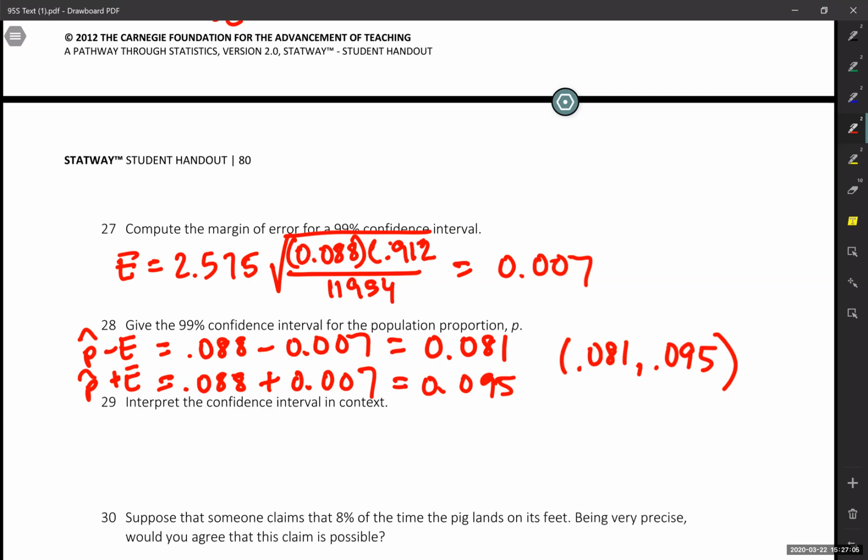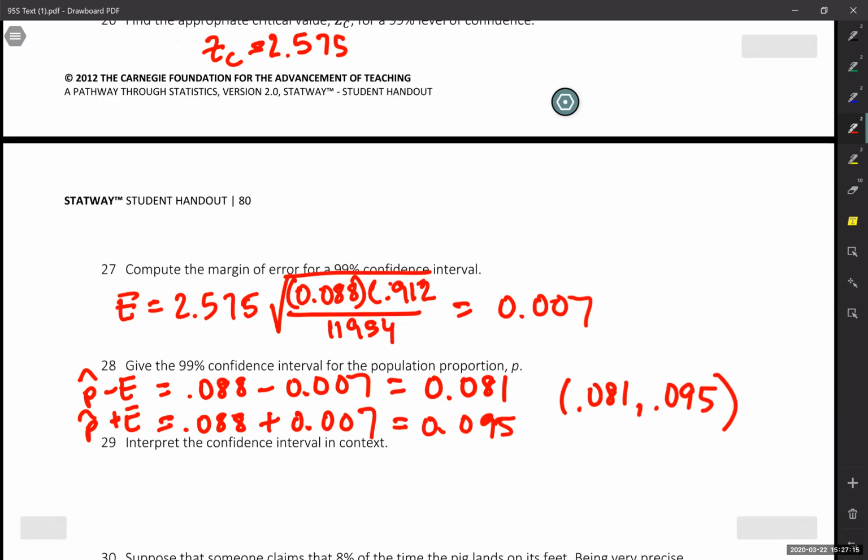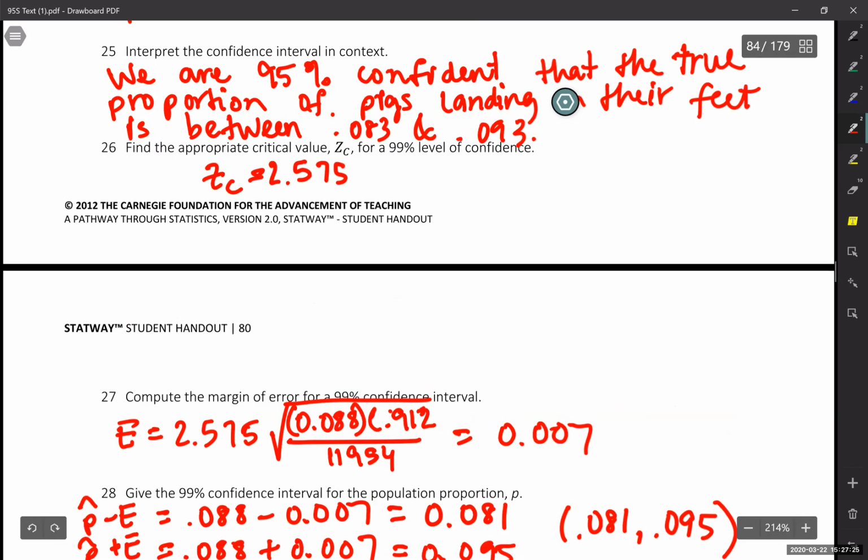Okay, so we have our sentence coming up. We are 99% confident, and I'm basically just going to write this whole sentence. I don't know why I'm still writing in red. I don't really like red as a pen color, but I'm going to write the same thing I did for 95%, just with my new percent and my new numbers.